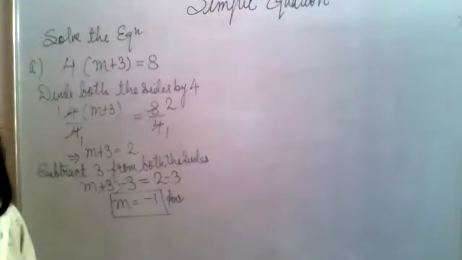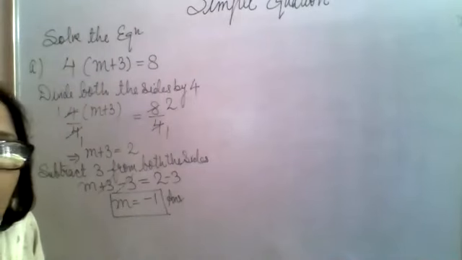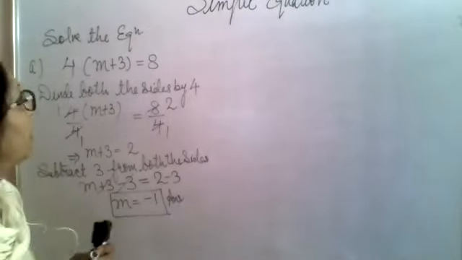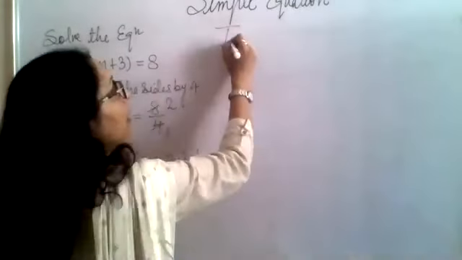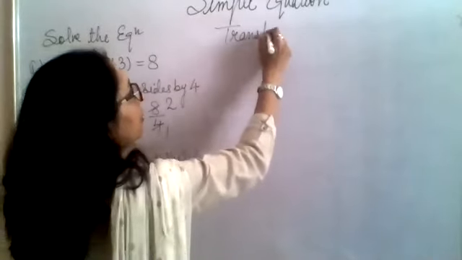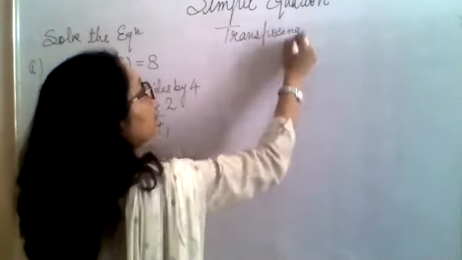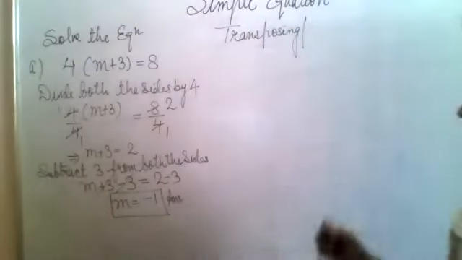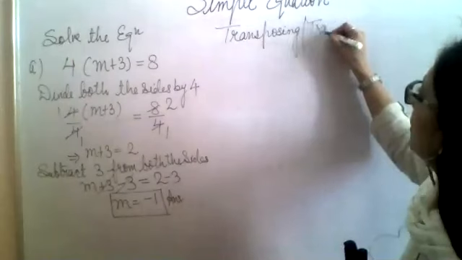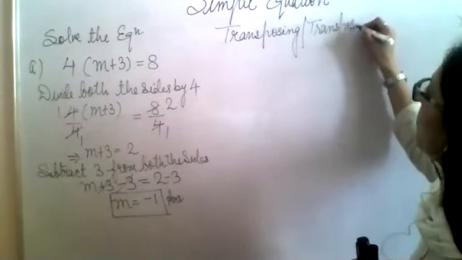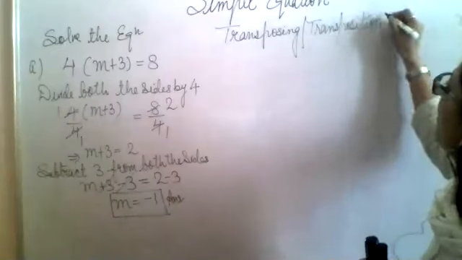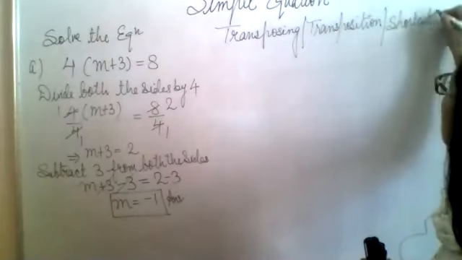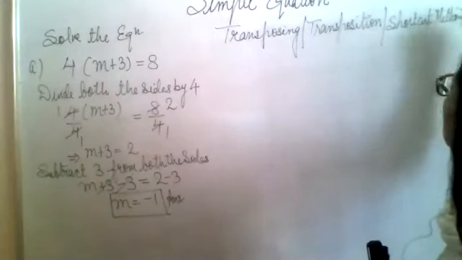Let's do transposing. Same question by transposing. In transposing method, you shift constant and coefficients on the other side. You can say transposition, shifting method, shortcut method. This method is applicable in all classes.